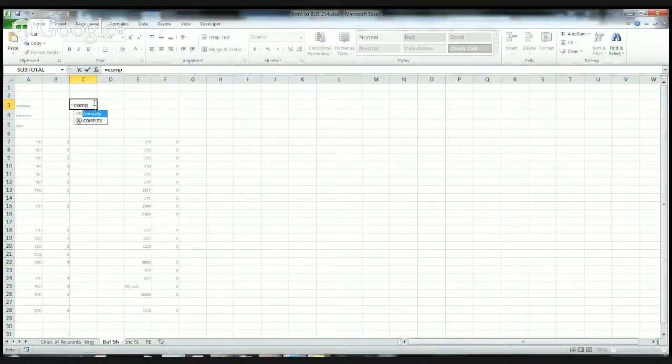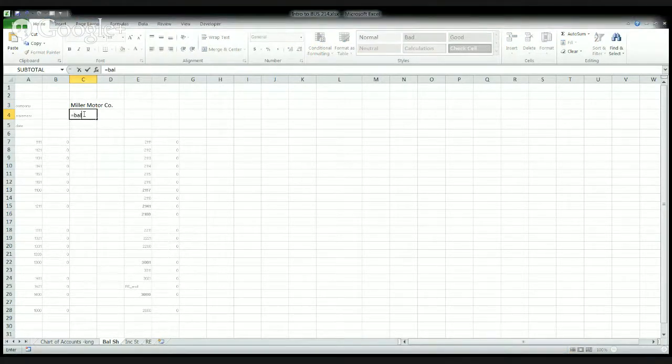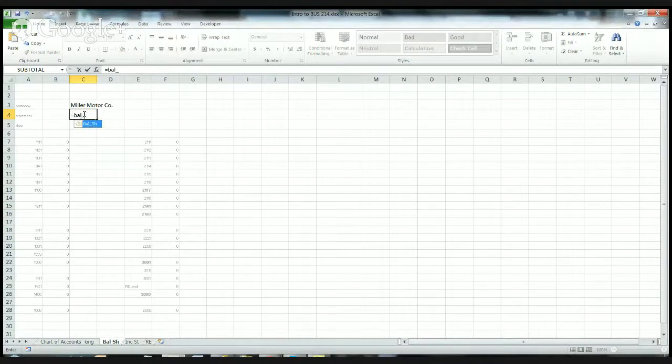First of all, we're going to use Miller Motor Company for the company name whenever we need. So financial statements all have a title, the company name, which financial statement it is, and you'd have to type it in. Looks like I could have typed it in just as quick, so I'm not saving any time.